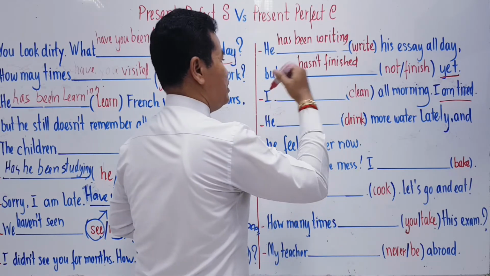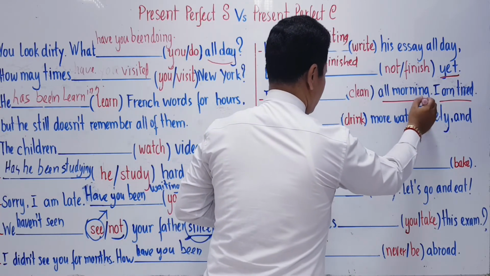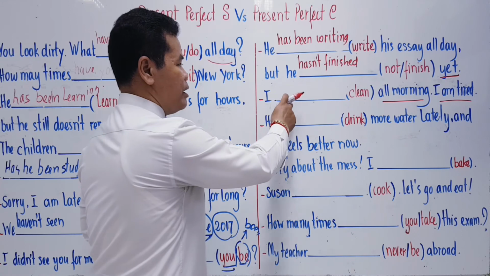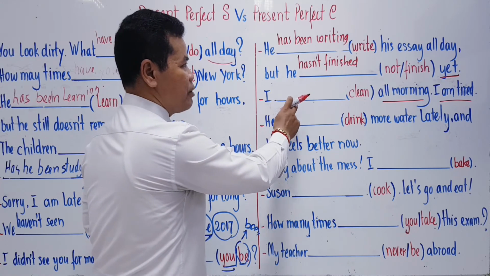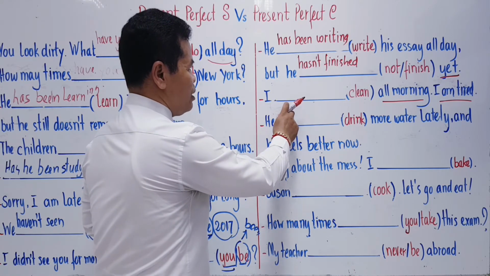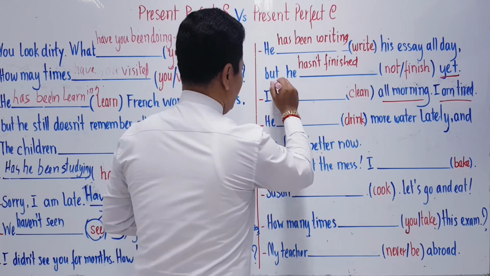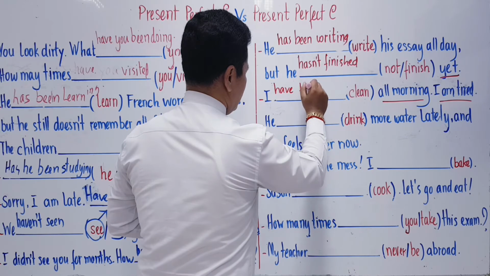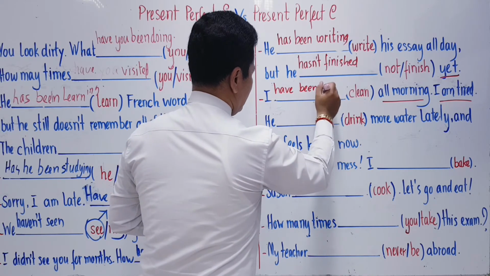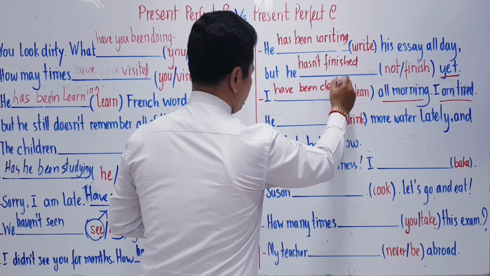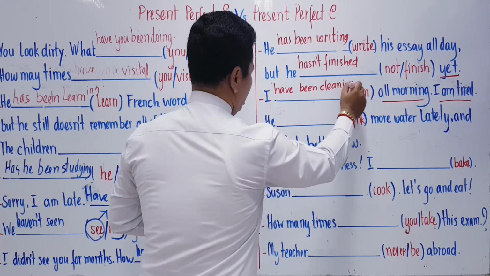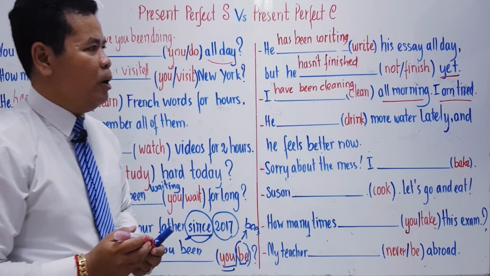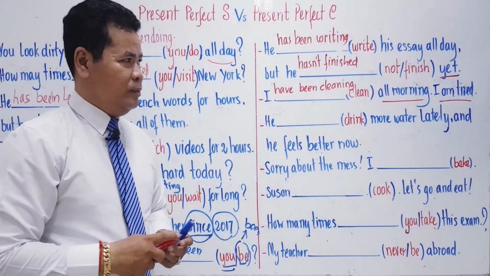According to the keyword all morning, we have present perfect progressive, right? So what do we have? I have been what? Cleaning. I have been cleaning all morning. I'm tired.